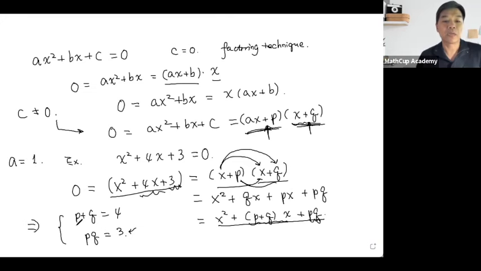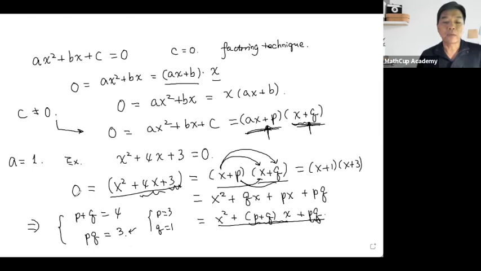They are symmetric, so it doesn't affect p plus q. The solution that satisfies both is p equals 3, q equals 1. How about p equals 1 and q equals 3? It does not matter because it's symmetric. So this equals (x plus 1) times (x plus 3).